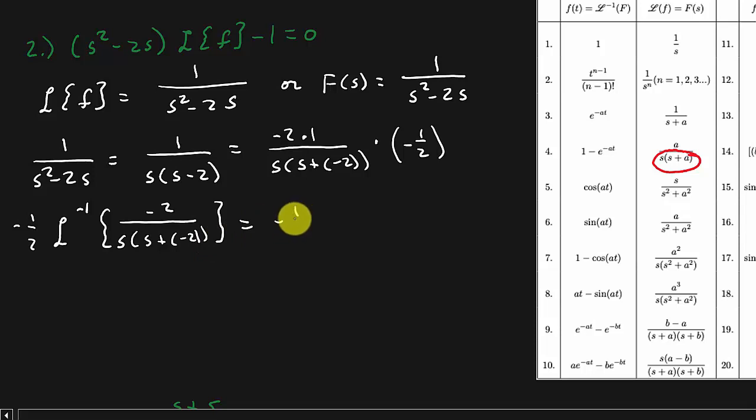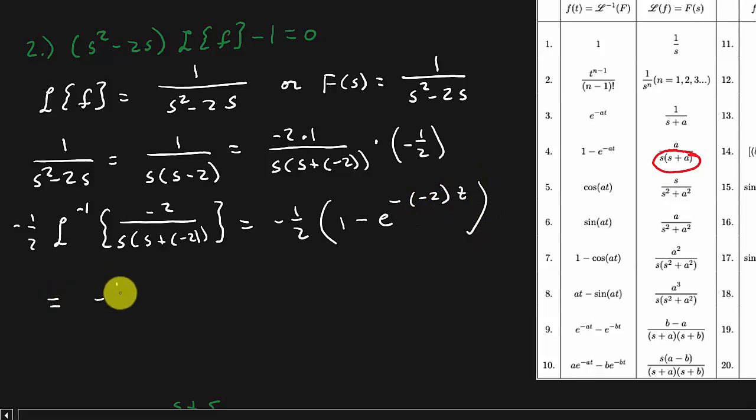So this is just negative 1/2, okay? Negative 1/2 times what? Well, that's 1 minus e to the negative at. And what's a? A is negative 2 times t.